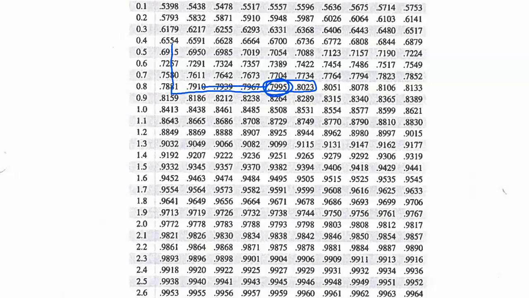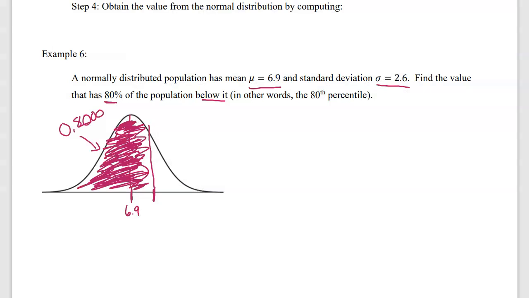We're going to follow it out. This one just happens to be a positive 0.8, 0, 1, 2, 3, 4. 0.84. So the z-score is a positive 0.84.